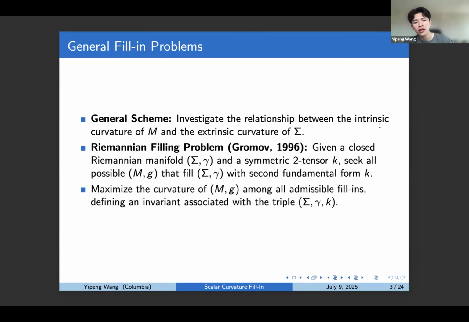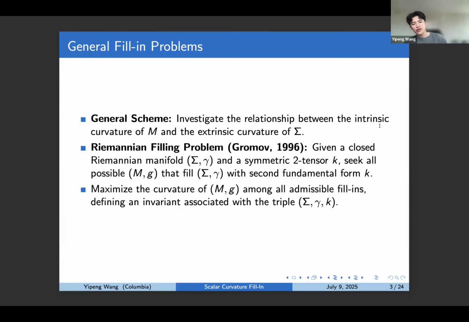Among all these fill-ins, you try to maximize the curvature of M. What does curvature mean? It could mean anything you want: sectional curvature, Ricci curvature, scalar curvature, whenever it makes sense.